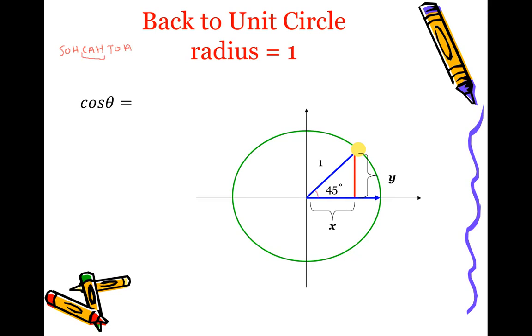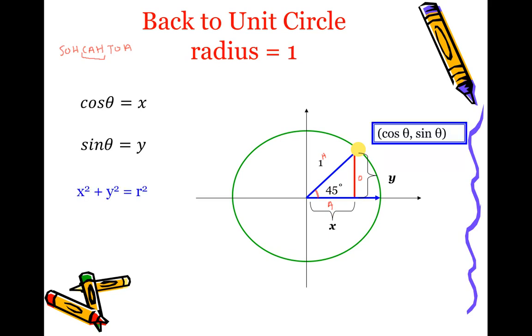This is going to be adjacent, this is going to be opposite, this is going to be the hypotenuse. So adjacent is x, hypotenuse is 1. x over 1, anything divided by 1 is just itself. So the cosine of theta, of that 45-degree angle, is just going to be x. What about your sine? Opposite over hypotenuse, so it's just going to be y.